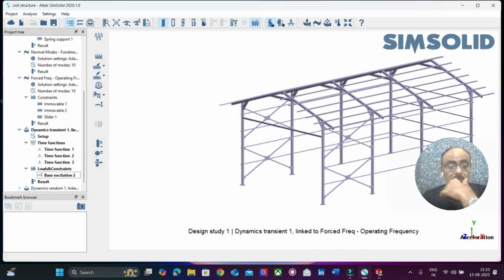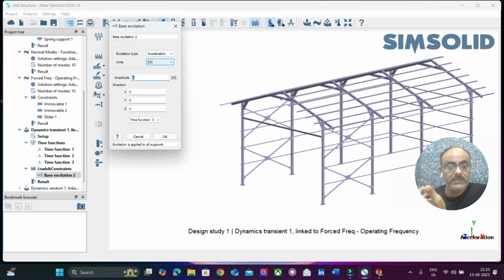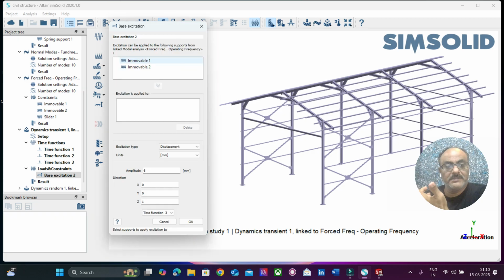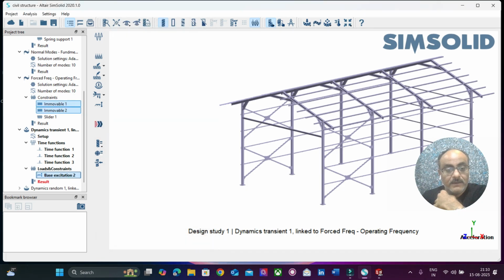Okay. Now let's try to give the excitation in terms of displacement. So now let's say the structure is going to get loaded based on a certain excitation. So this excitation is in the form of displacement, and then how the displacement is going to act on the structure for a period of time.